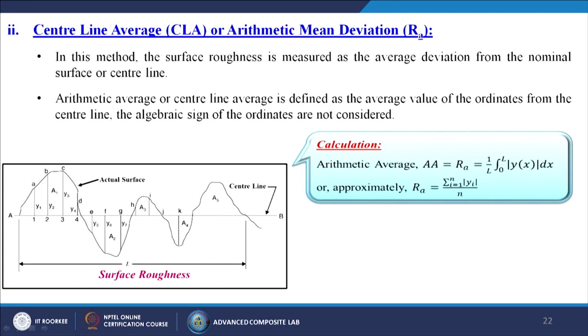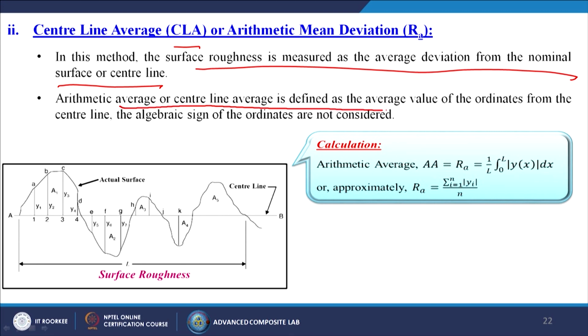Second one is the center line average, or CLA, or the arithmetic mean deviation, or Ra. In this method the surface roughness is measured as the average deviation from the nominal surface or center line. Arithmetic average or center line average is defined as the average value of the ordinates from the center line. The algebraic signs of the ordinates are not considered. How are we going to calculate it?